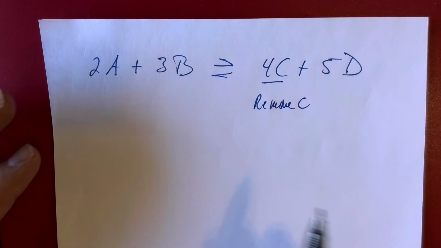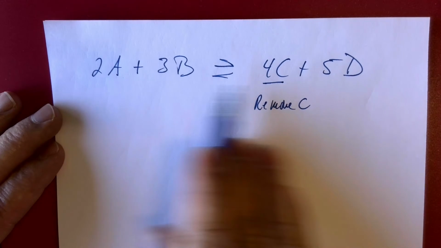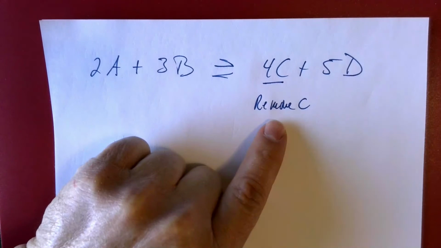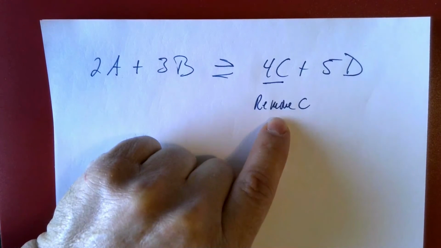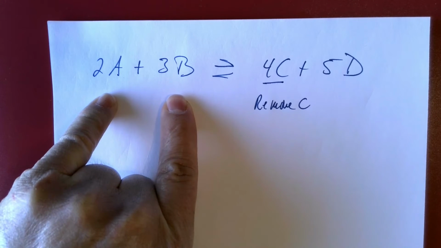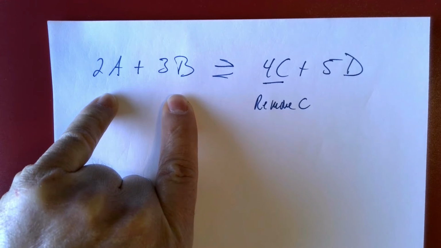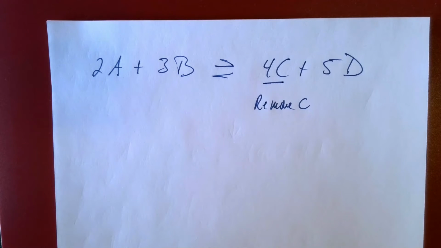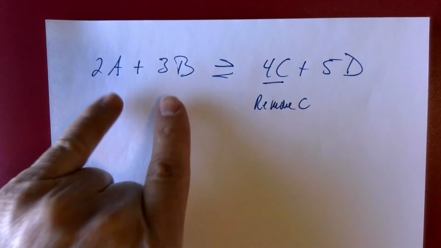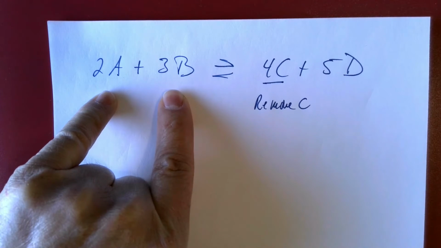So what happens is that when you look at this equilibrium equation, you've got to look at it and say, okay, if I want C and I'm going to remove it, what is going to happen to the amount of A and B I have left over? Let's say I give this 5 hours, and I'm constantly taking my C out. What's going to happen to the amount of A and B I have?